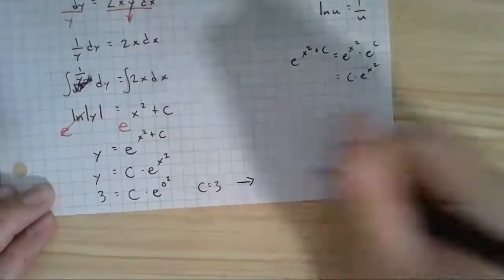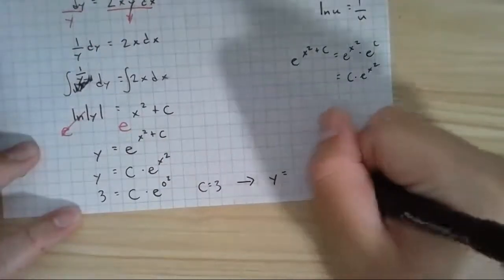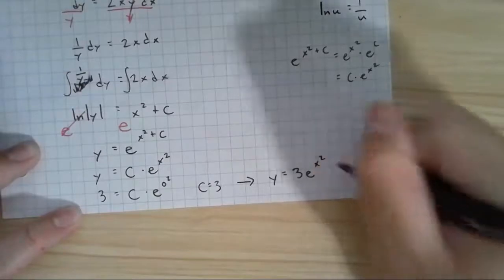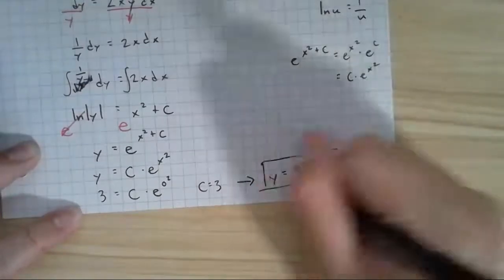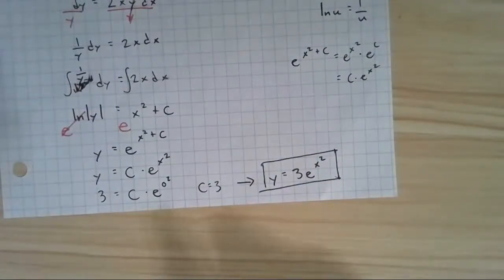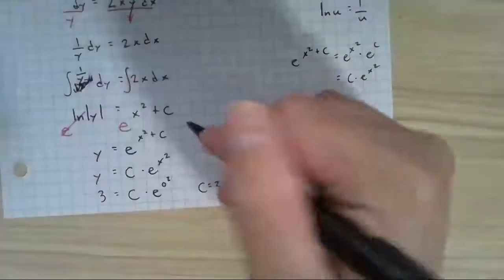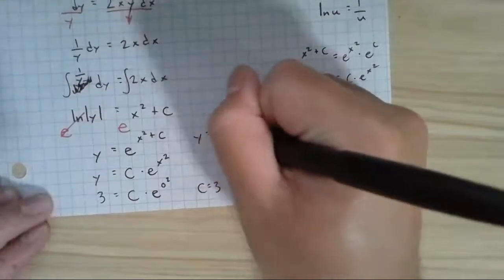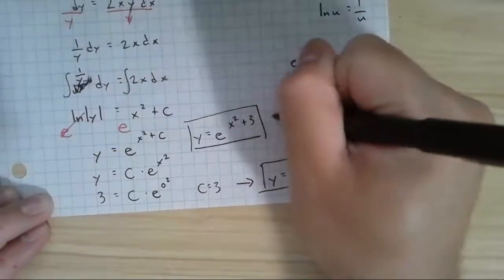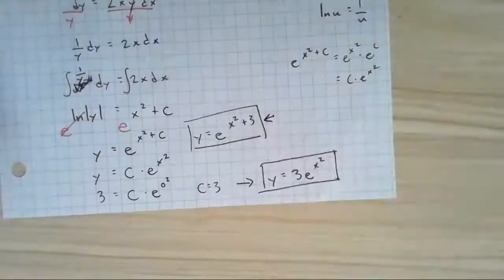And so my solution here will be y is equal to 3e to the x squared. No, sorry, this is the solution here. It'll be y is equal to e to the x squared plus 3. This one right here.